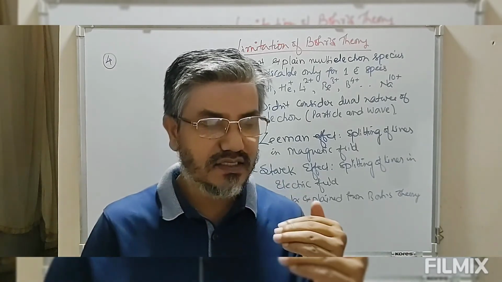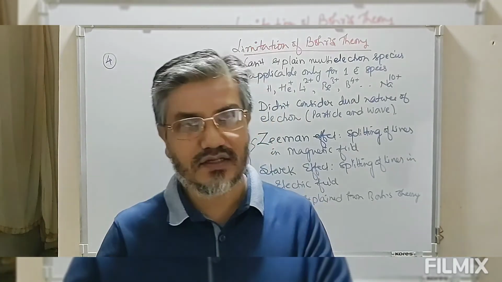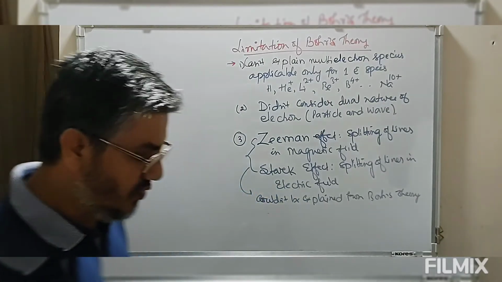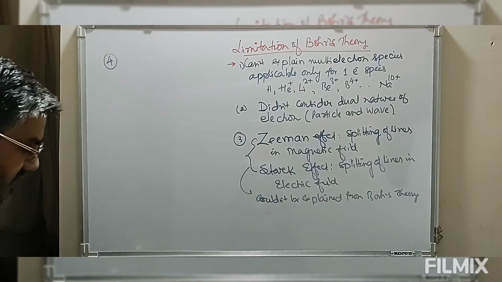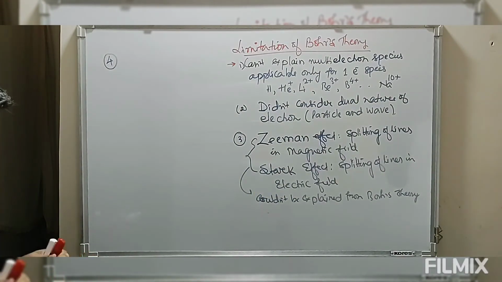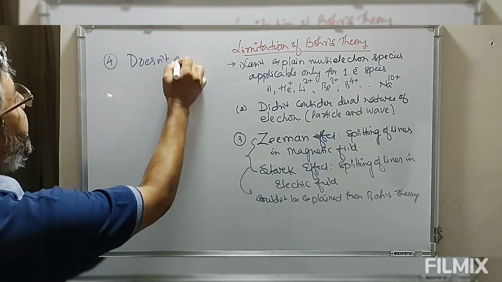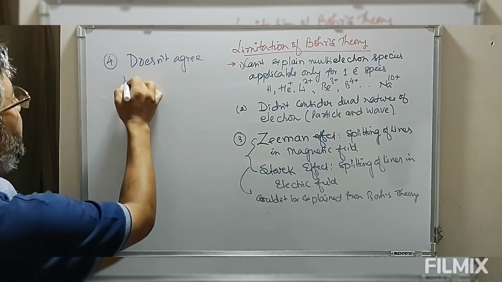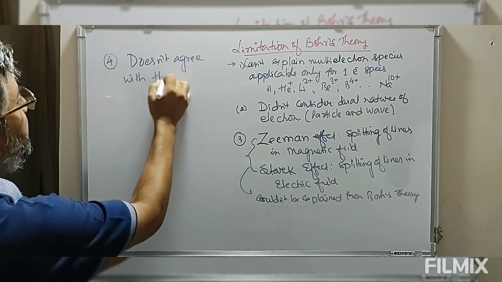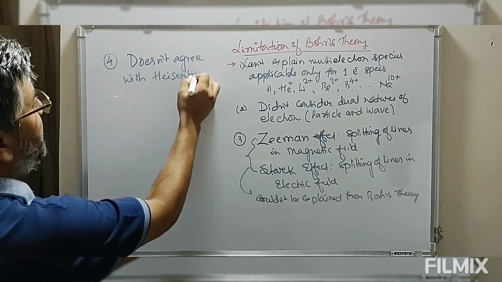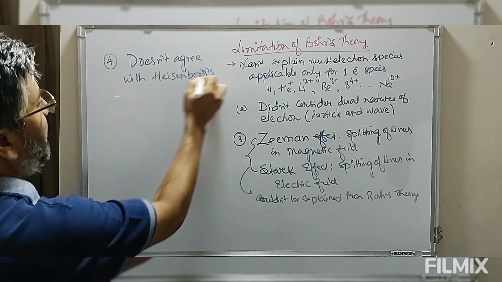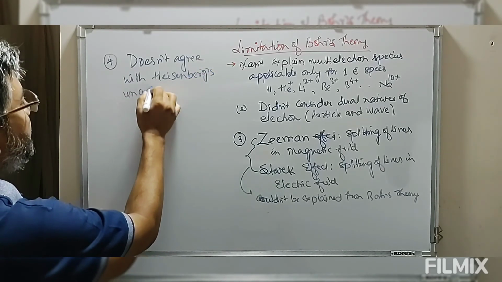If one is accurate, the other will be inaccurate. So it does not agree with Heisenberg's uncertainty principle.